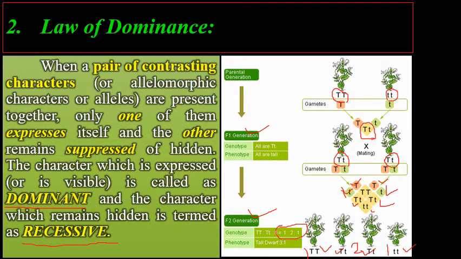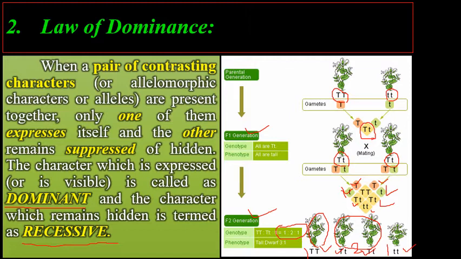The phenotypic ratio, meaning only on the basis of morphological appearance: tall plants are there, these hybrids are also tall plants, so 1 plus 2 is 3, and dwarf plant is 1.